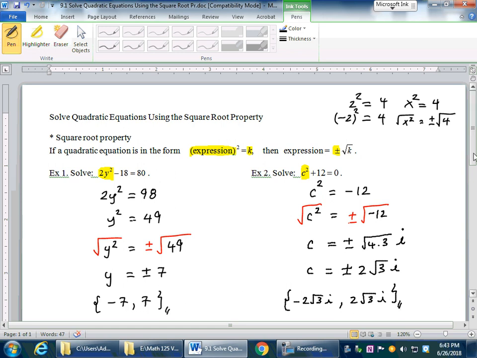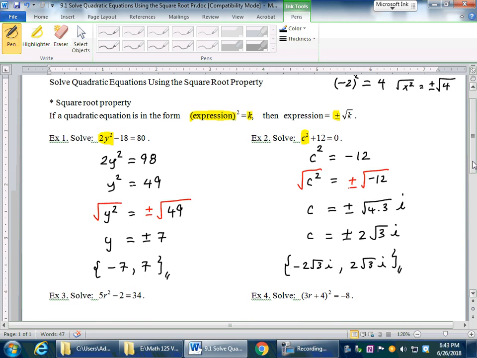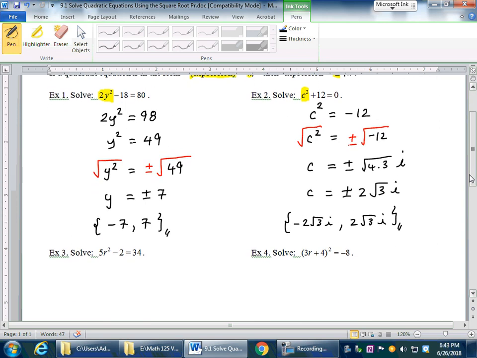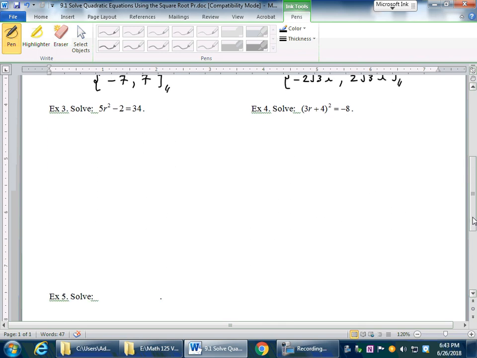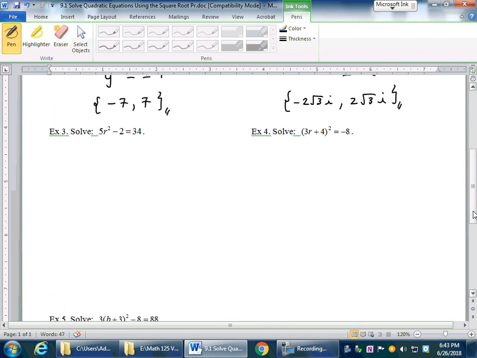So now you have to be careful that we can have complex solutions as well as real solutions. Let's take a look at the next example. Example 3, can we apply the square root property?